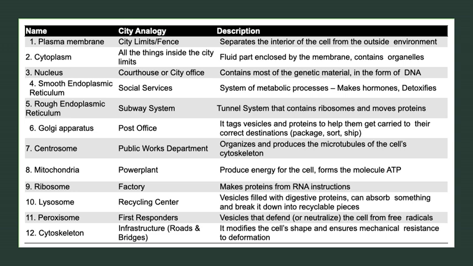This slide gives you the example of the cell as a city. So it's going to compare each organelle and each part of that cell as a different part of a city. So you can picture these really small microscopic things on a larger scale and build their functions off of functions of things that you already know. So if that analogy works for you, this is a great slide to revisit after we finish our lecture.